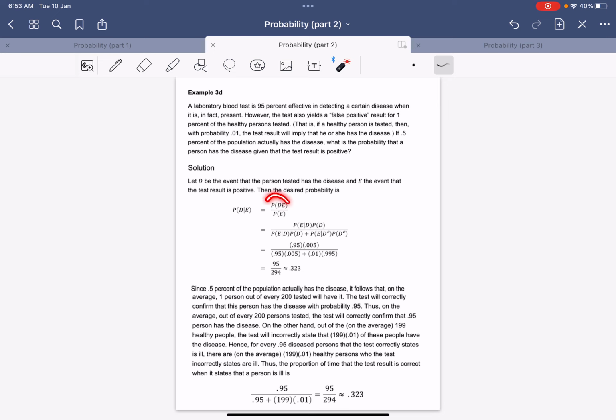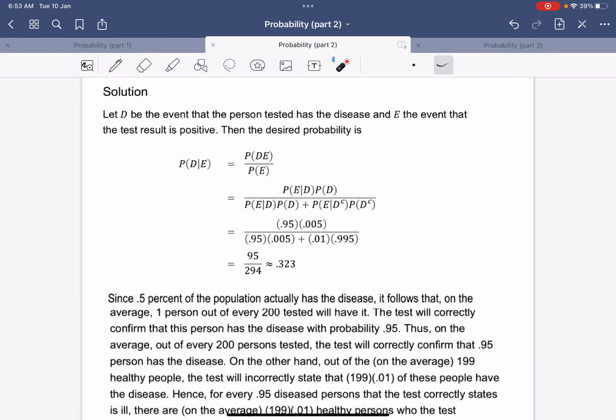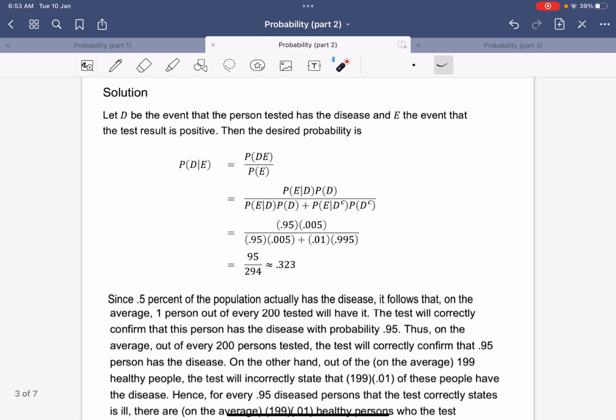And so that is the probability of the intersection over the probability of E by definition. And like I've said, the probability of D intersect E, you can now condition on D, and so it's the probability of E given D times the probability of D.